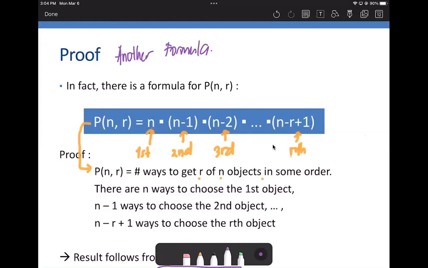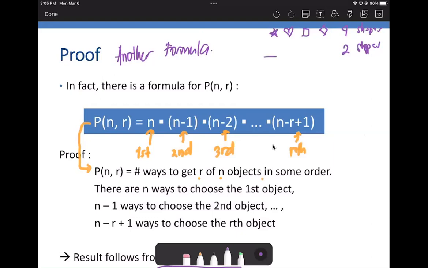So let's have a different example. Assuming you have a star, a heart, a square, and a diamond. So we have 4 shapes. I ask you to choose 2 shapes with specified order.